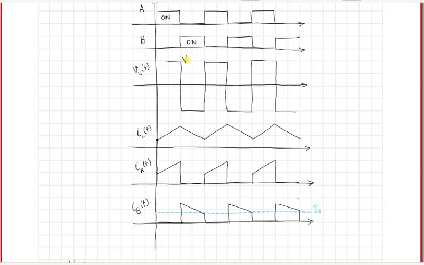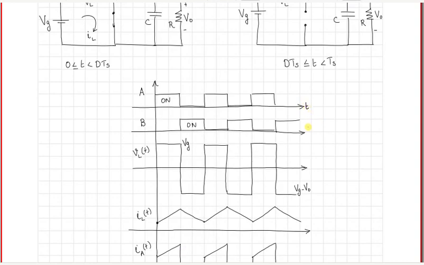This value is Vg, and this we have seen is Vg minus Vo. All these axes are time, and this duration is dTs, and this is 1 minus d times Ts.